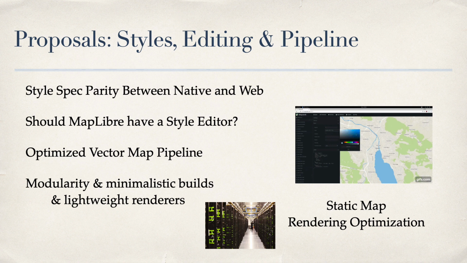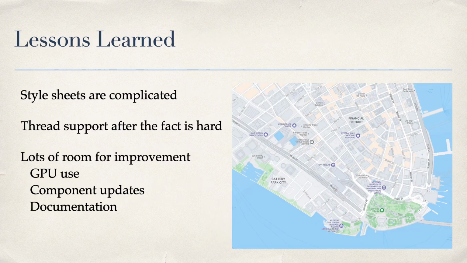So we're just suggesting there should be a pipeline to get to a simpler way of doing things, so people could write simpler vector map toolkits in different languages and try out different things. There's also a static map rendering optimization proposal that's interesting for essentially rendering static maps. So what did we learn in the course of this project?